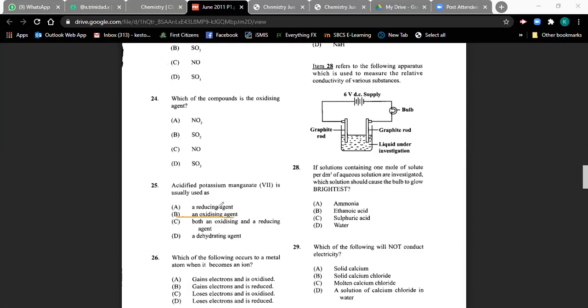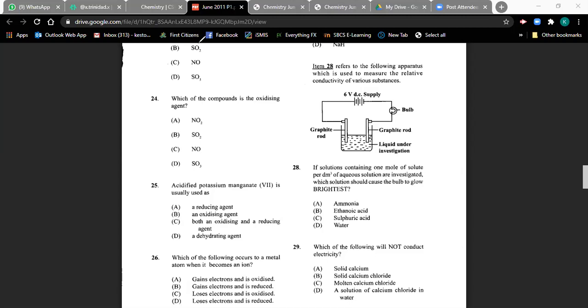Reducing agent. Acidified potassium manganate and acidified potassium dichromate are all reducing agents. Right?